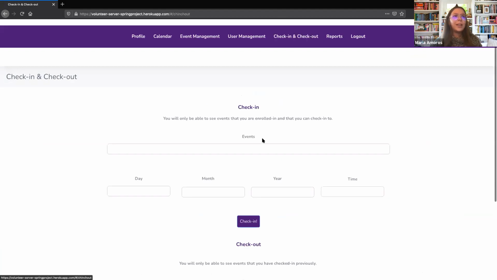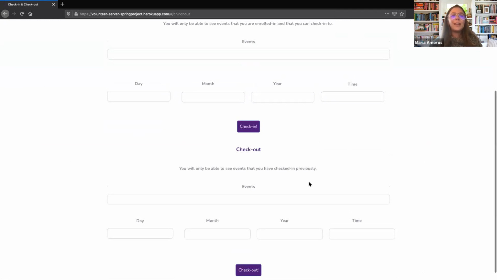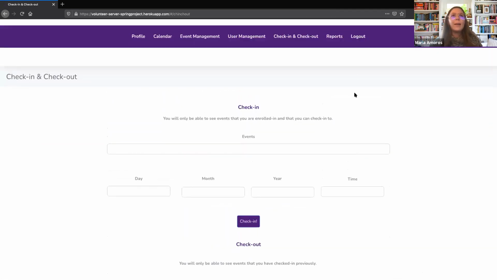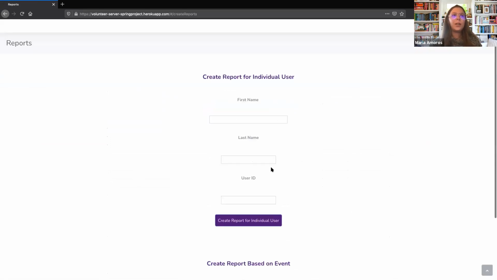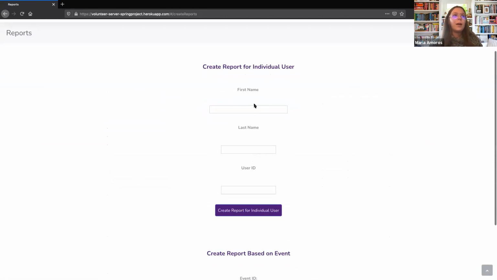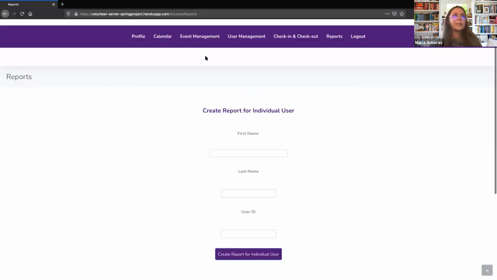They can also check in and check out for those events, and all of this will be saved in our database. The administrator will be able to create reports of the hours completed by a student by entering their first name and last name, and also create reports based on event ID from what is saved in our database.